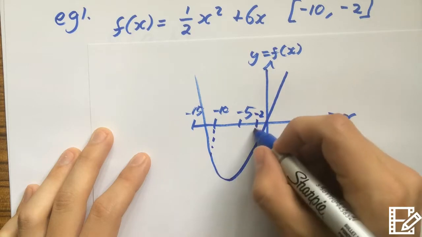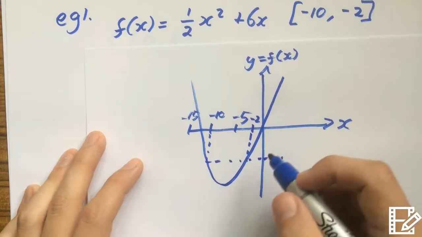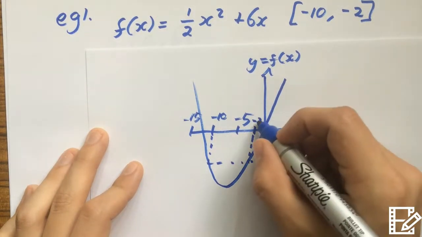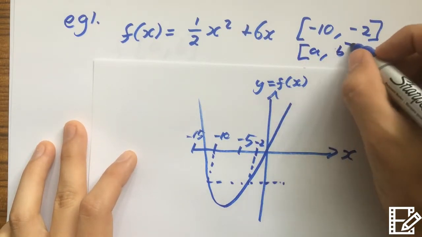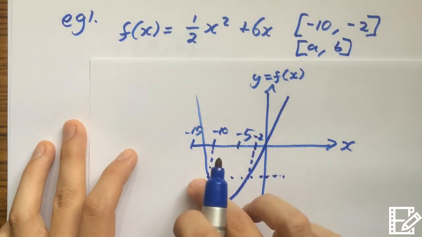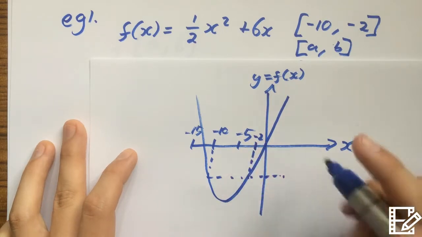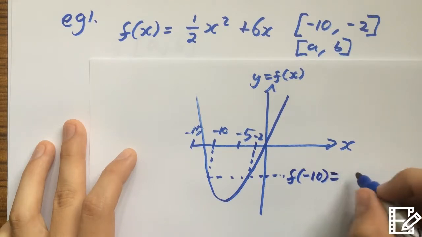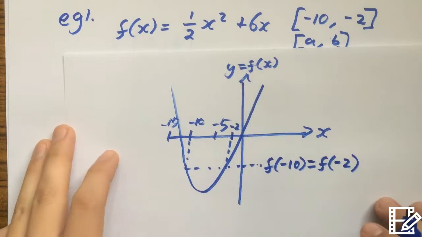For us to use Rolle's theorem, this is our point a, and that is our point b. So the y value at -10 should equal the y value at -2. So f of -10 should equal f of -2.